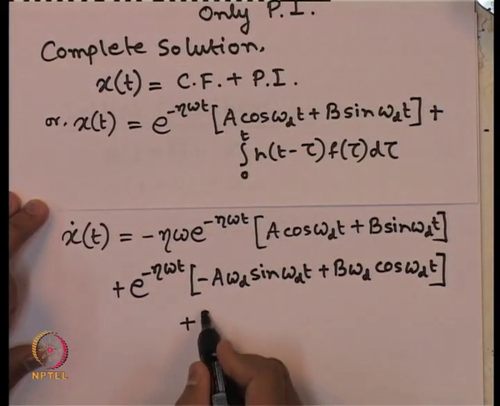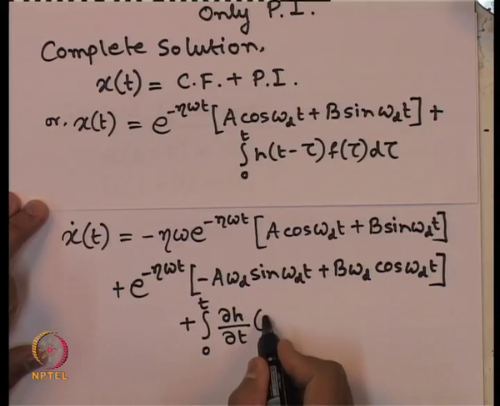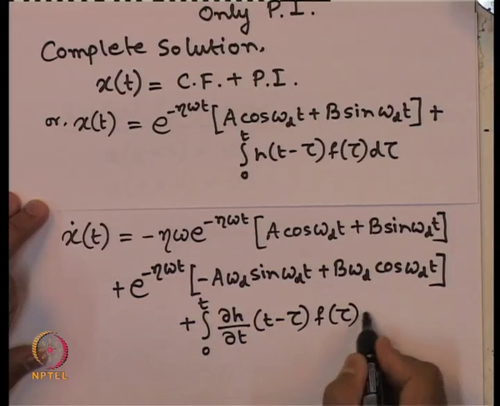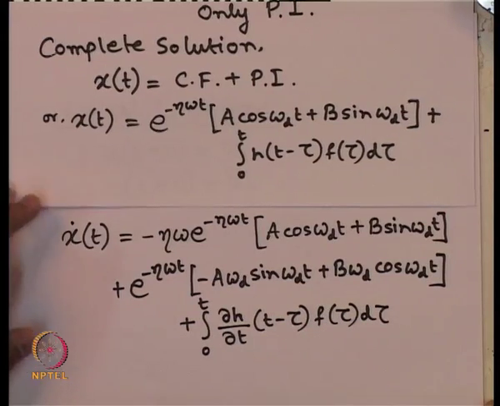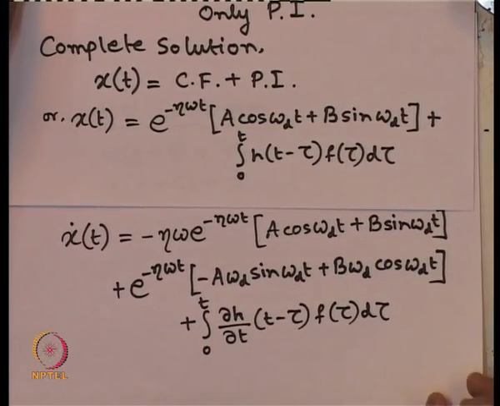What we should get? Integration 0 to t of del h over del t, t minus tau, f of tau d tau. Now, with this, if we apply the boundary conditions, what we should get?